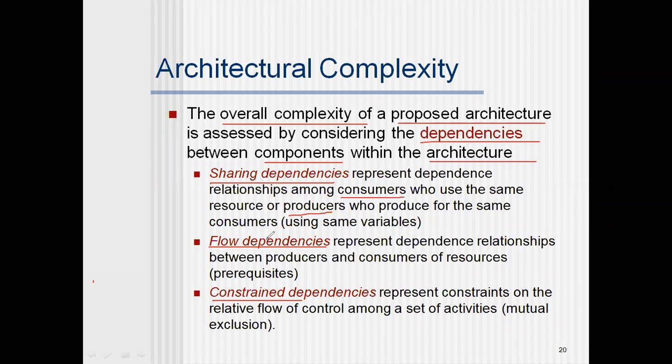Which means if we have two components, component 1 and component 2, within an architecture, within a project, are these two components sharing the same variable information or not? If those two components are sharing the same variable data, then those components have the sharing dependency.